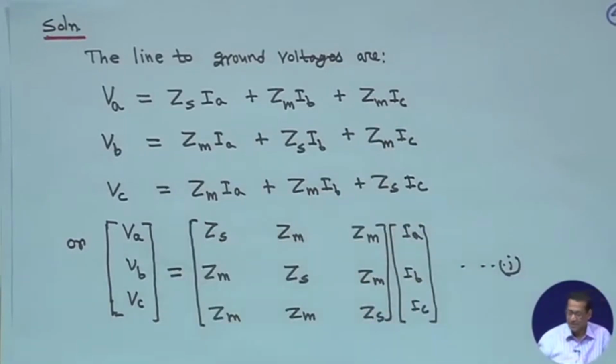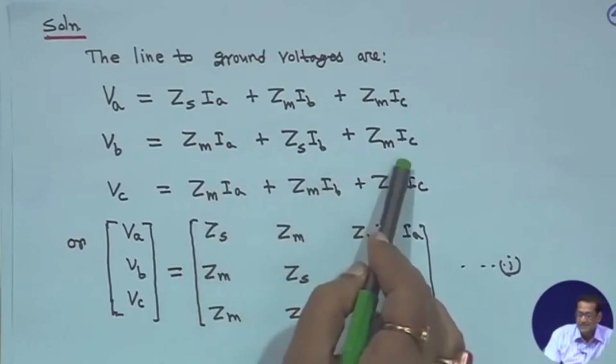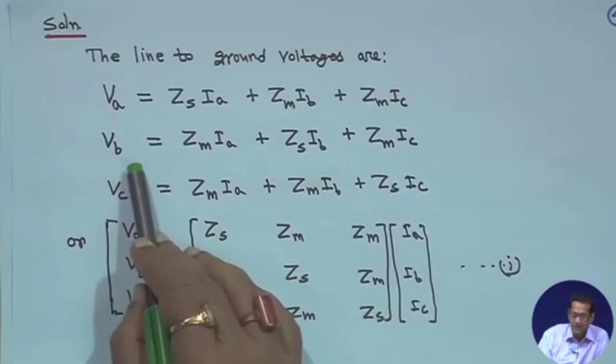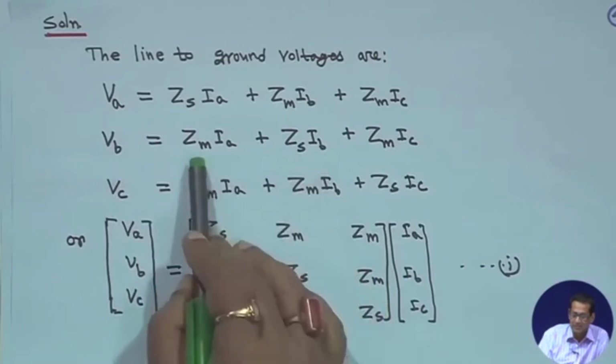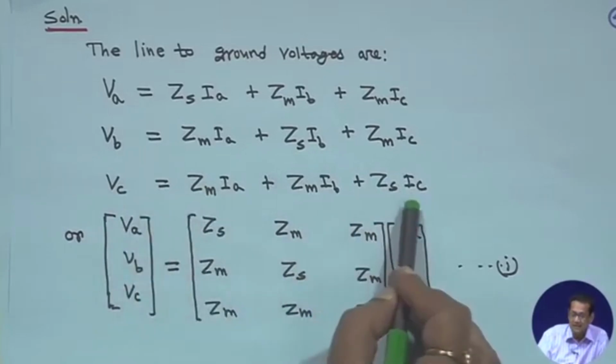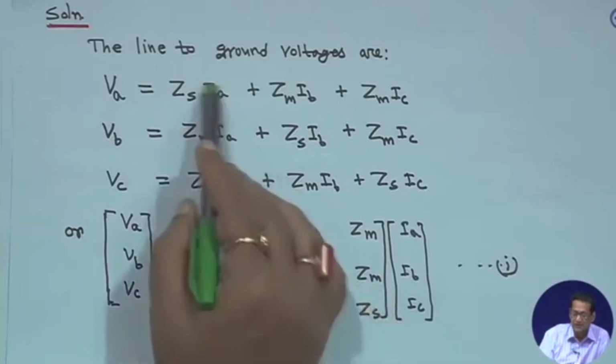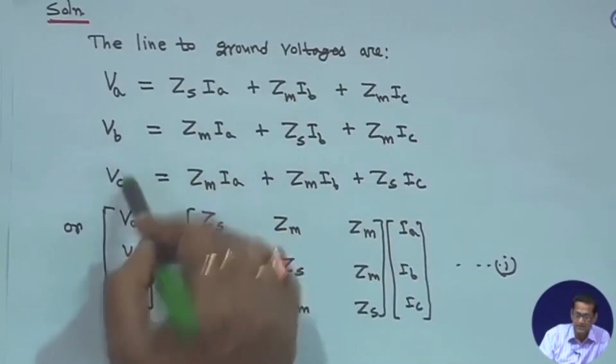Similarly, VB is equal to Zm IA plus Zs IB plus Zm IC, because we are writing for VB. So, Zs IB, other two will be Zm IA plus Zm IC. Similarly, when you write VC, Zs IC, then other two are Zm IA plus Zm IB. So, this way you write line to ground voltages VA, VB, VC.